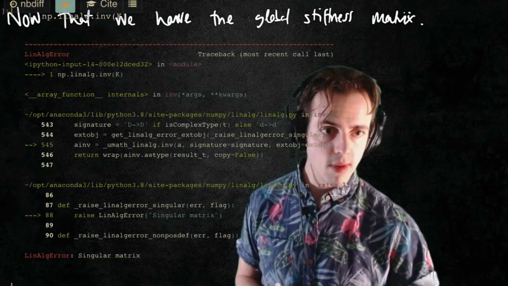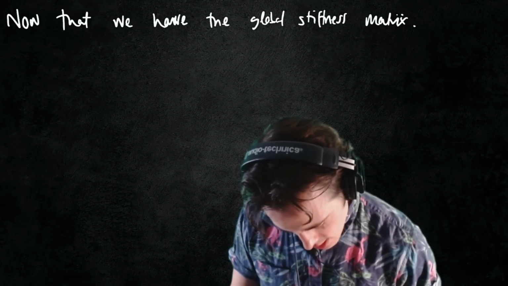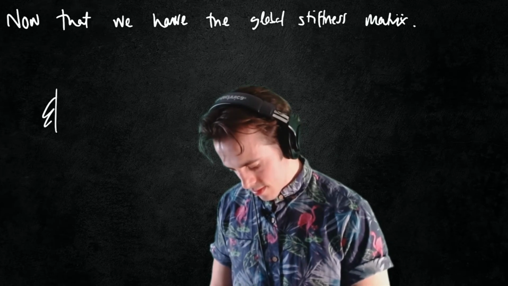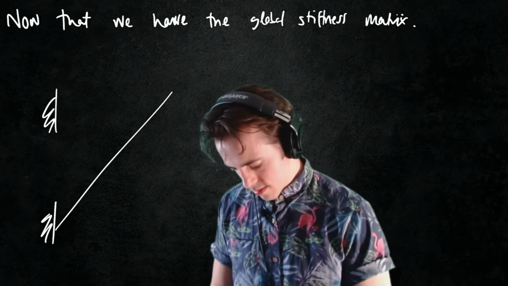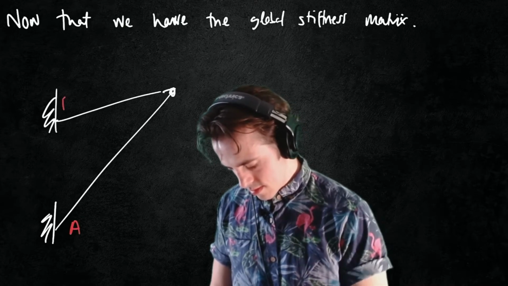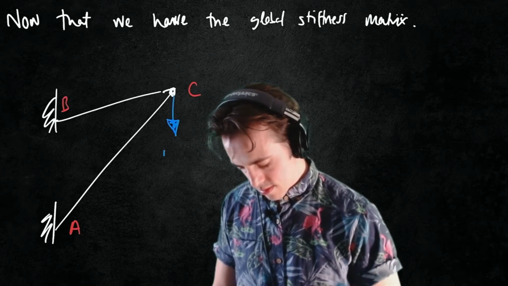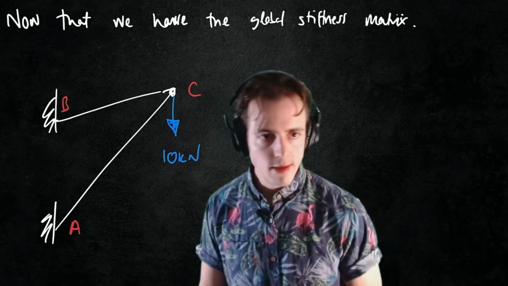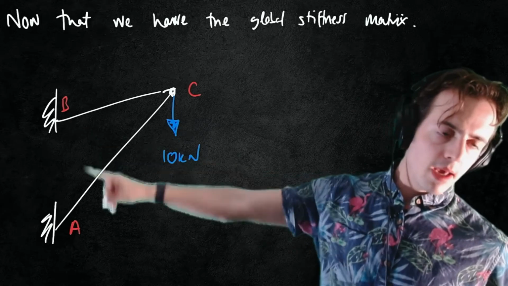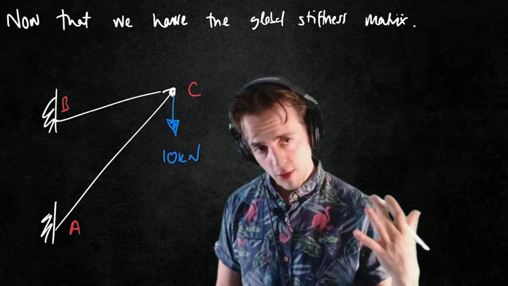So let's just remind ourselves what this problem is. I don't have an image of this to hand, so let's just redraw it. Okay, so let's say we've got 10 kilonewtons on the system here. Nodes B and A, they can't move. That's our boundary condition. That is a homogeneous boundary condition.